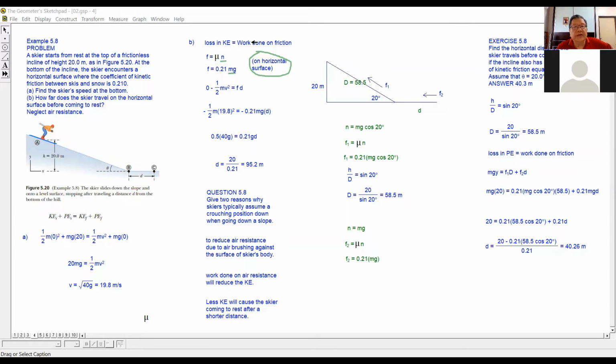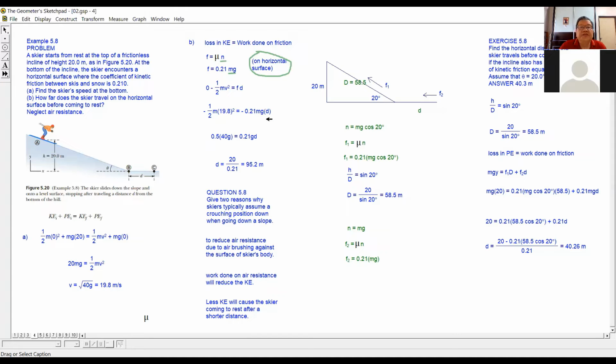The loss in kinetic energy: final kinetic energy 0, initial kinetic energy half mv squared, equals the work done by friction, F times the distance. F points against the motion, so it's negative 0.21 mg.